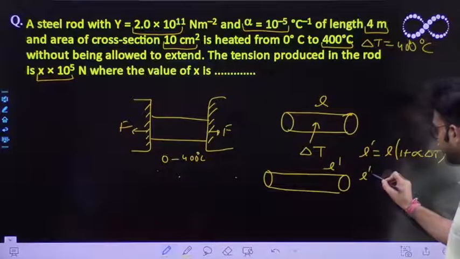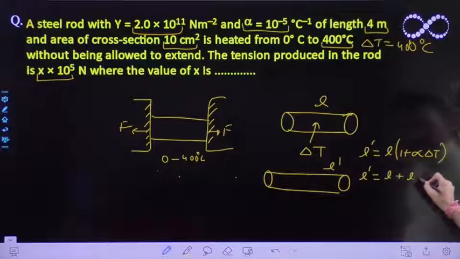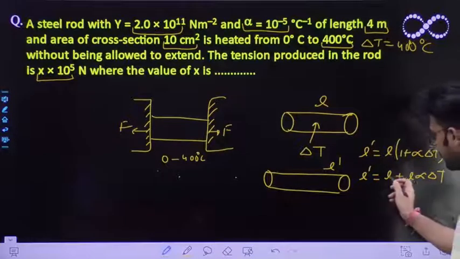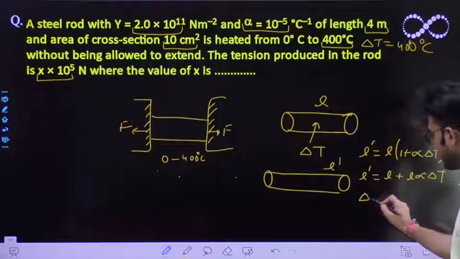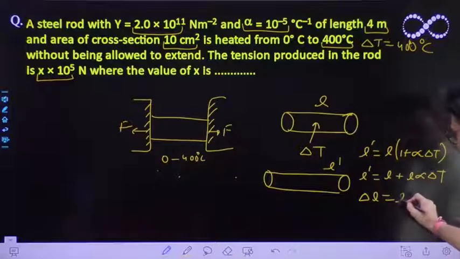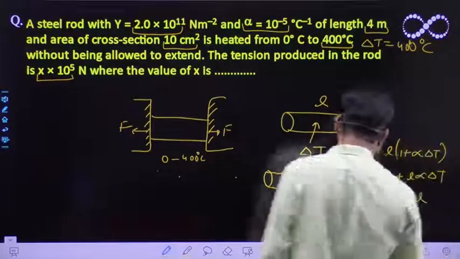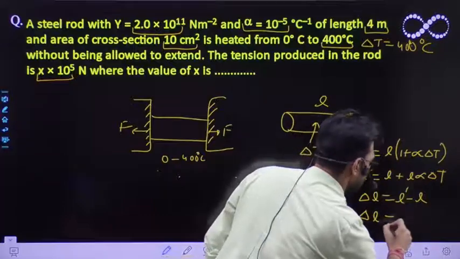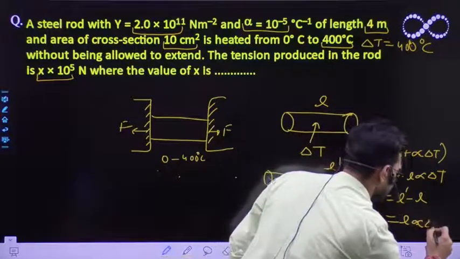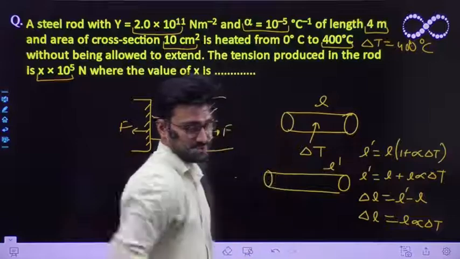Del L is L dash minus L, so this del L comes out to be L alpha delta T. This we already know.